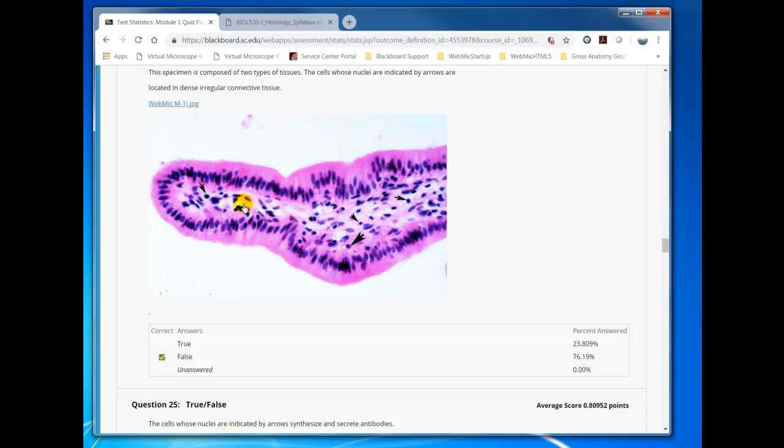But you see very few fibroblasts. Very few fibers, collagen fibers. So this is highly cellular, and it's very characteristic of loose connective tissue, not dense, either regular, which is like in tendons, or irregular, which are in capsules of organs.